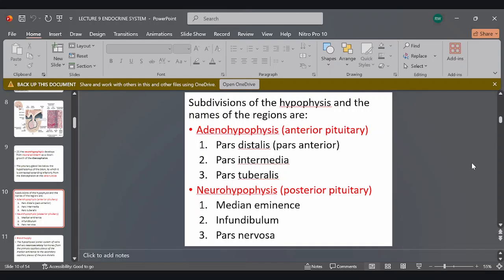It has the pars distalis, also called the pars anterior, then the pars intermedia, then the pars tuberalis. The neurohypophysis, the posterior pituitary, has the median eminence, the infundibulum, and the pars nervosa.